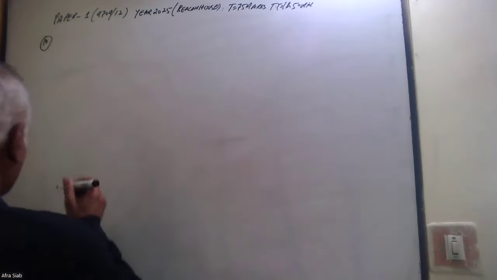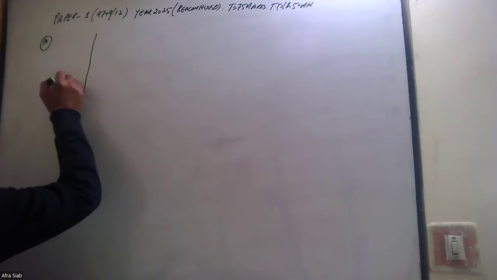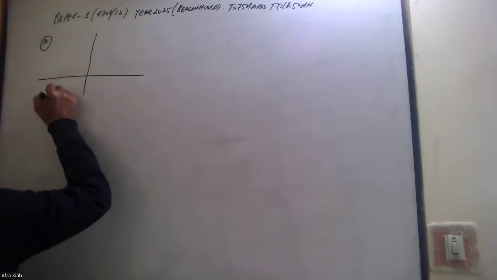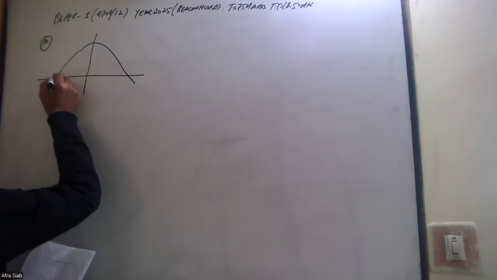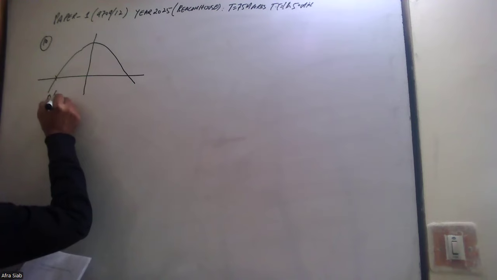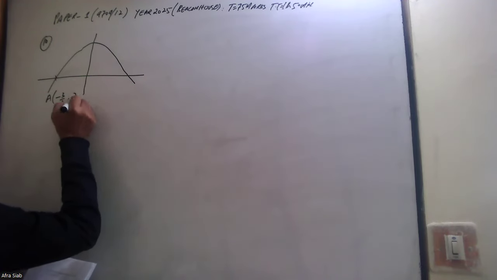Question number 10 now. Find the area of the shaded region given with the coordinates A minus 3 over 2, 0, B 1, 0, and P half and 2. So they are given this figure. This point is A, which is minus 3 over 2 and 0.